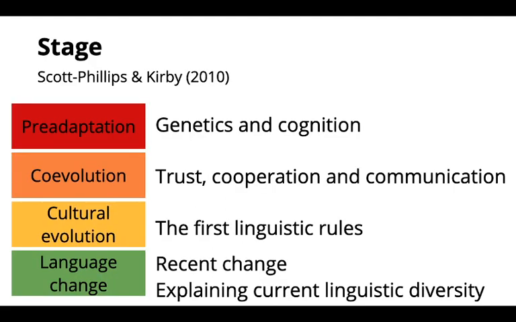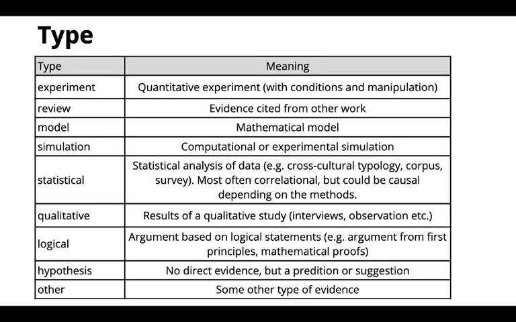The stage variable: I'm interested in language evolution. There are various different stages for that. So for example, pre-adaptation, coevolution, cultural evolution, and language change. That just helps divide some of the theories up. You can define the type of support. So for example, something might be supported by an experiment or a review, so someone else's work, they're just citing that.